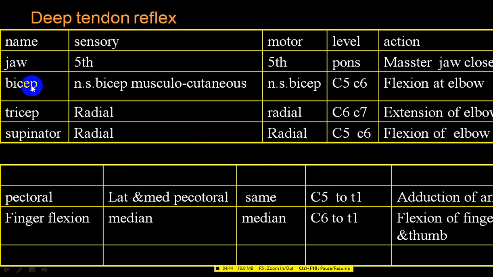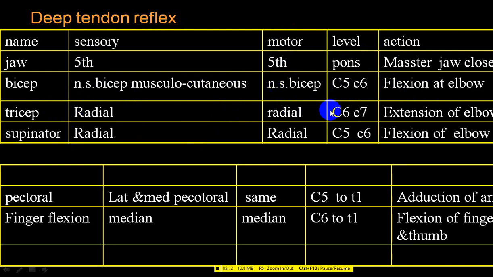If we go to the biceps, the sensory nerve is the musculocutaneous nerve to the biceps muscle, and the motor is the nerve supply to the biceps. Root value is C5-6, and the response is flexion at the elbow. In triceps, the sensory nerve is radial, motor nerve is radial.